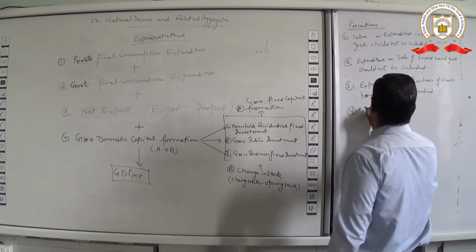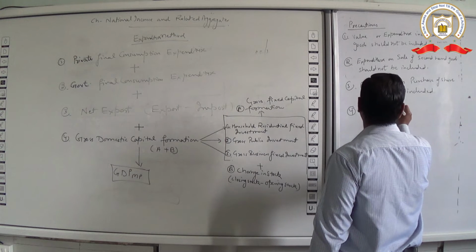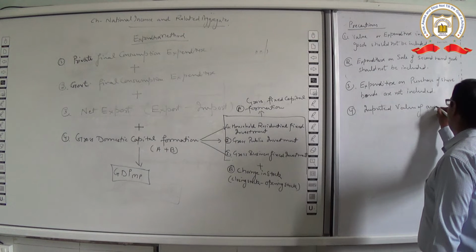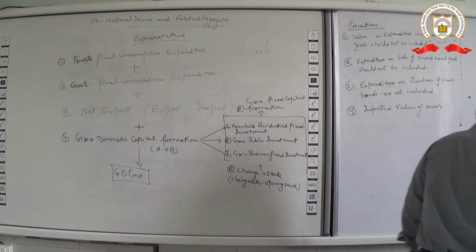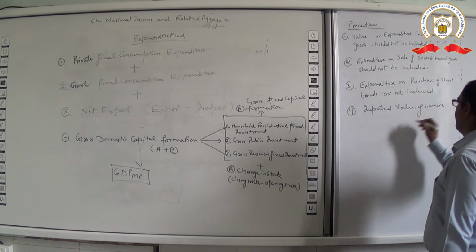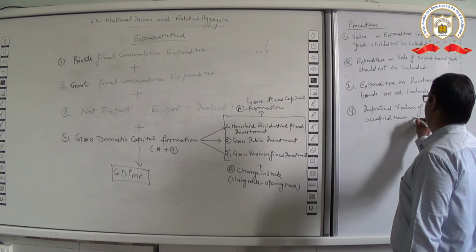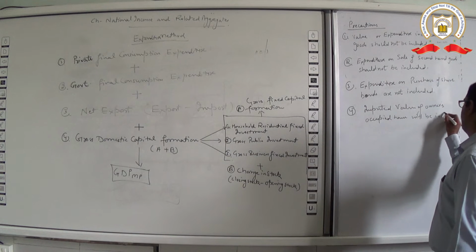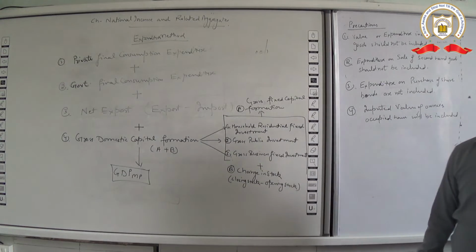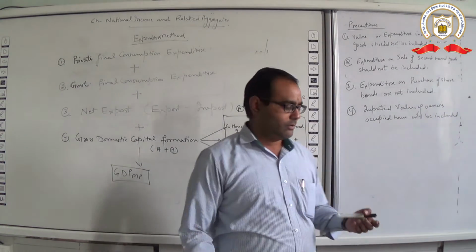Fourth, imputed value of owner's occupied house will be included, because the house is providing its services in the same manner as it provided services to a tenant.